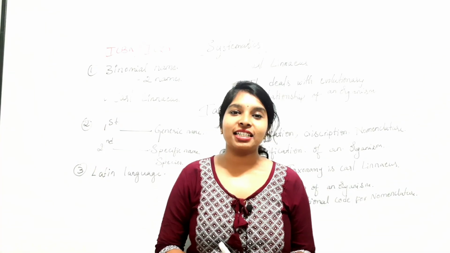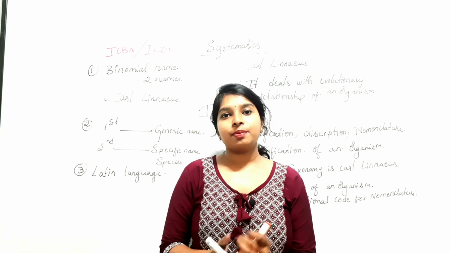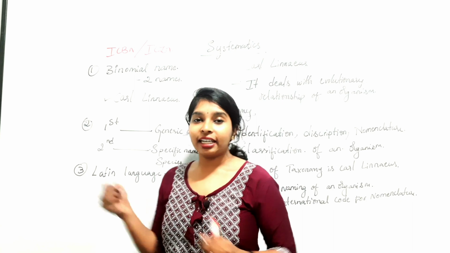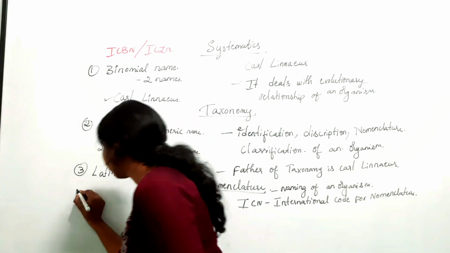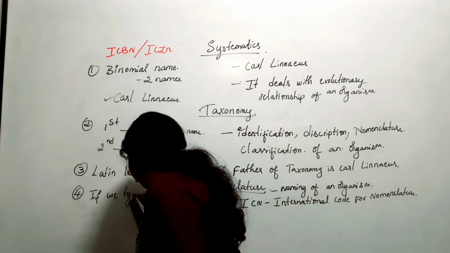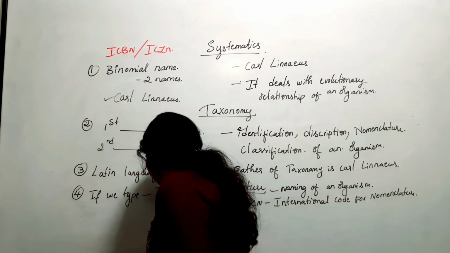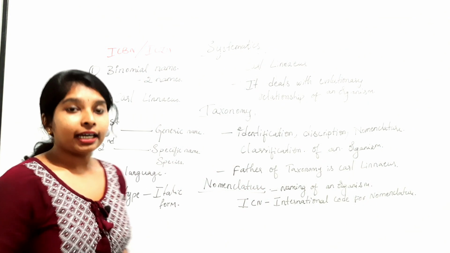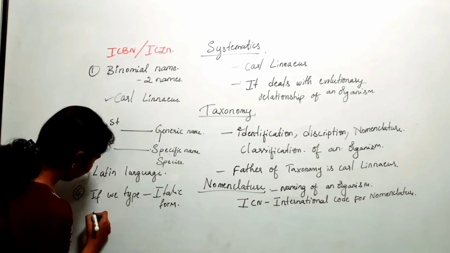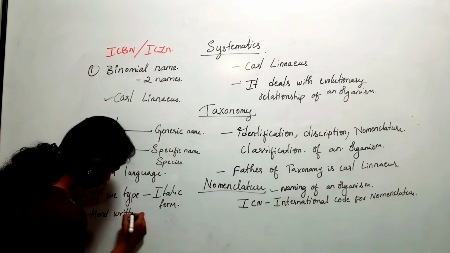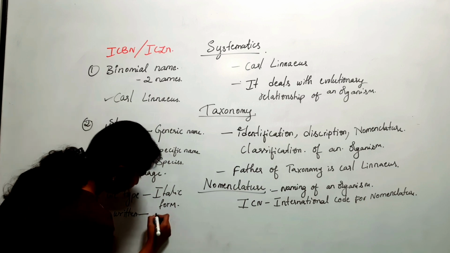The fourth principle is that if we type the scientific name on a computer, it should be in italic form; or else, if handwritten, it should be underlined.